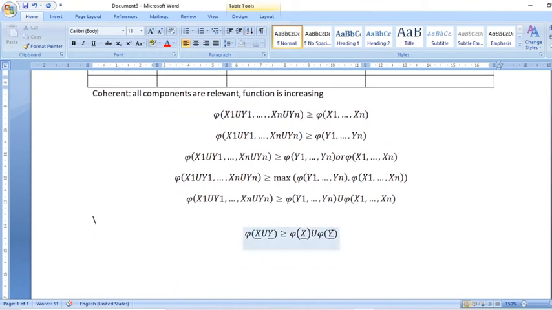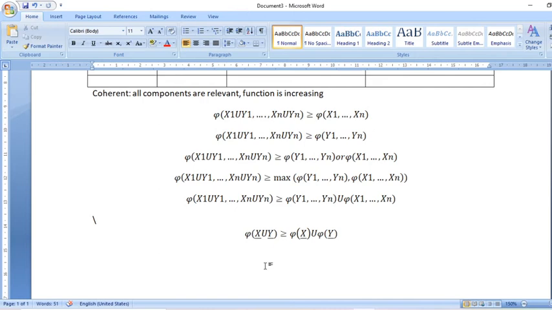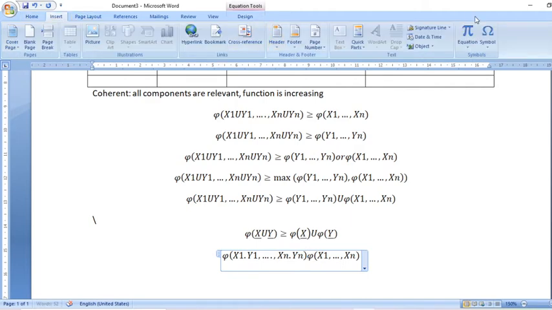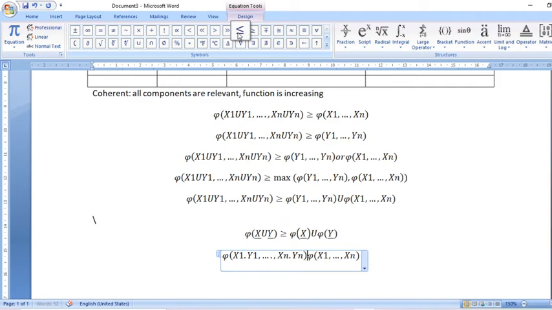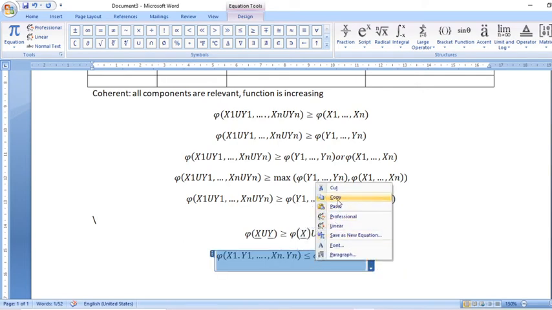Since phi is coherent and increasing, we can apply it to the coherent system. What will be the result we obtain? x1 y1, etc., xn yn will be less than or equal to, since the function is increasing, a smaller value will have a smaller value for the function, and a higher value will have a higher value for the function.